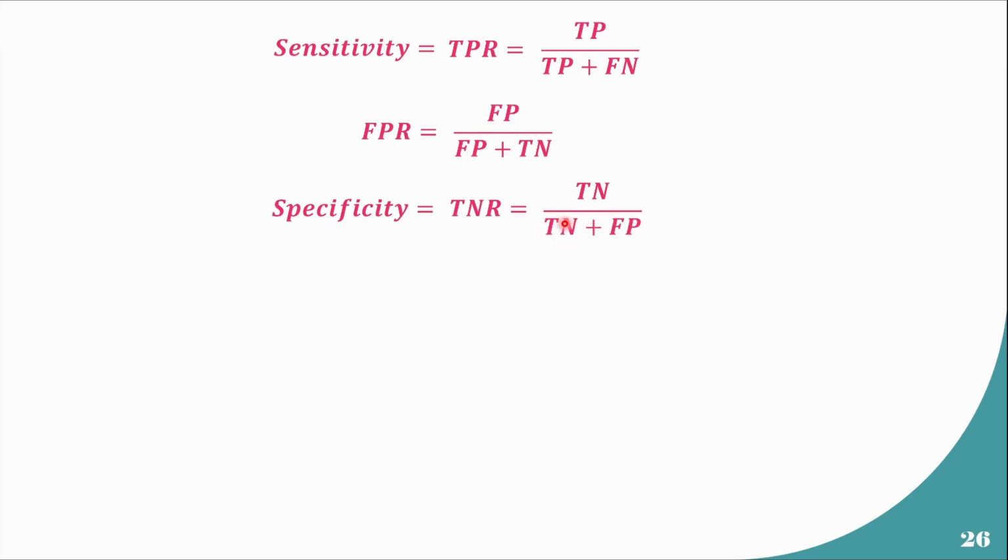And among all of these negative values in total, how many the model is correctly identifying as negatives actually, right? So that is what will give us the true negative rate, otherwise called specificity. Among all of them, how many is the system able to correctly identify as negatives. That is the true negative rate or specificity.